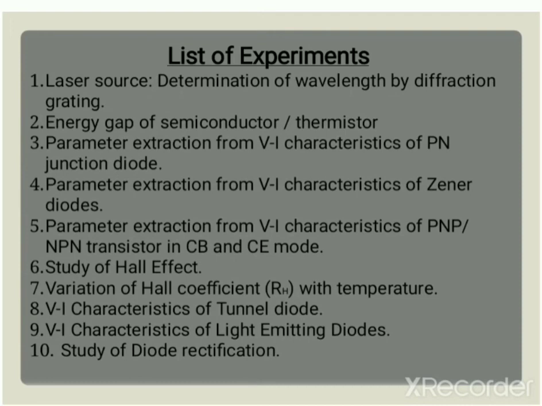Fifth is characteristics of NPN transistor in CB and CE mode. Sixth is the Hall effect. Seventh is variation of Hall coefficient with temperature. Eighth is characteristics of tunnel diode. Ninth is characteristics of LED, that is light emitting diode. And the 10th experiment is study of diode rectification.